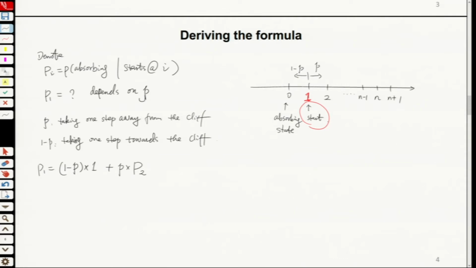So then we have the recursive relationship. Now, because this is location 2, right? If you take a step away from location 1 right here, then we just take this as a start. Then we see what's the probability this guy gets absorbed. So this is the probability for this person to get absorbed given he's in location 2, that is P2. Actually, this is the definition, right? Start at location I, get absorbed.